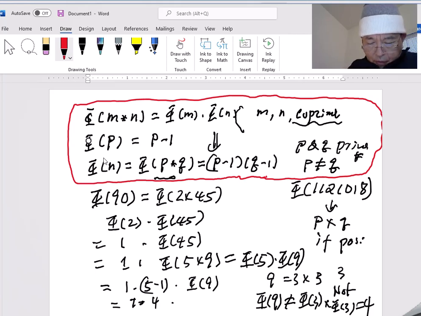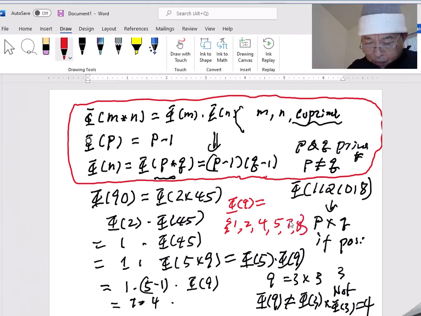So now we have to directly calculate totient 9. If you count how many of the numbers are coprime to 9 below 9, let's do it by hand again. How many of them are there? 1, 2, 3 is not, 4, even though it's not a prime number, okay, 5, 6 is not, 7, and 8.